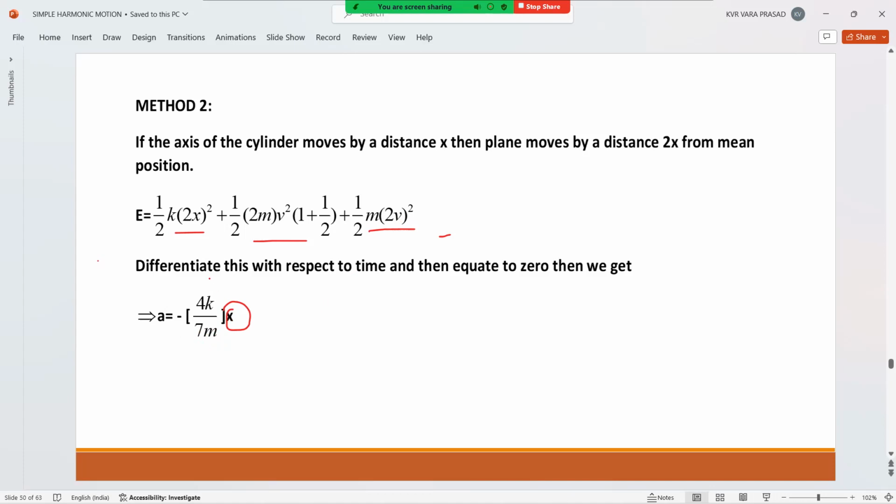Because you can see here in the sentence, axis of the cylinder moves by distance x. That's why here we got x, right? Like this, we can solve in both methods. Let us see next problem.